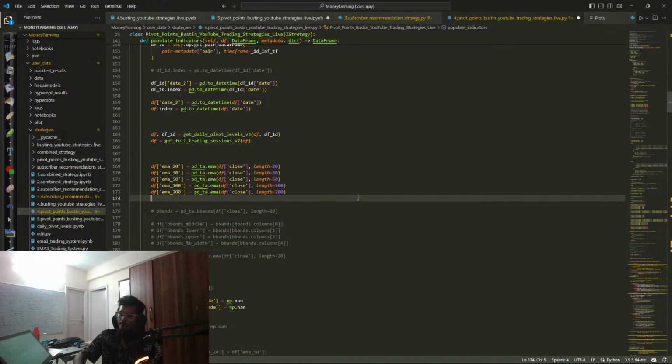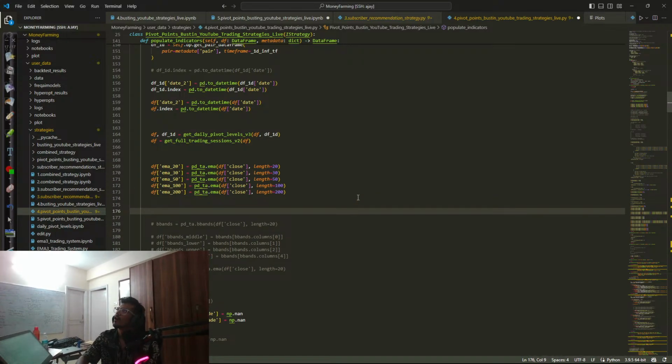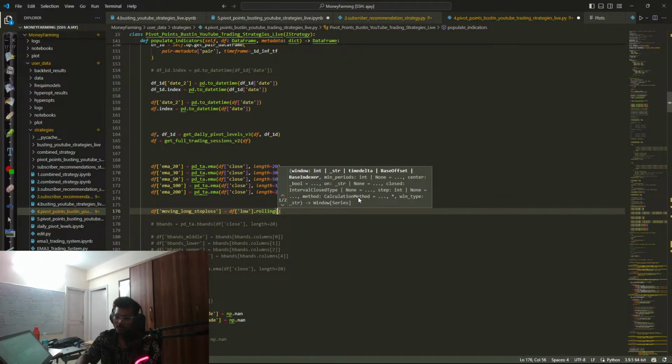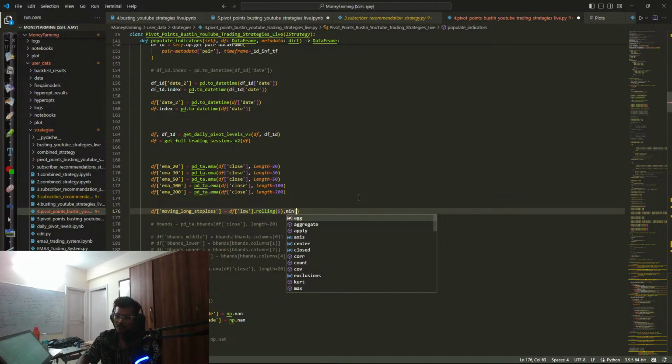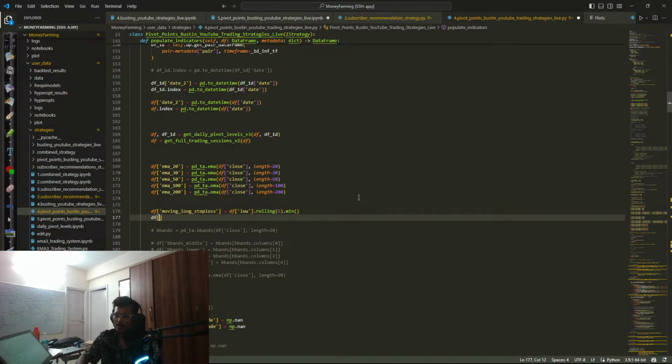So moving long stop loss, meaning what we want to do now is, for low, I want to look at the last 5 lows and I want the minimum of it. And moving short stop loss, df.high.rolling(5).min, max, sorry, max.